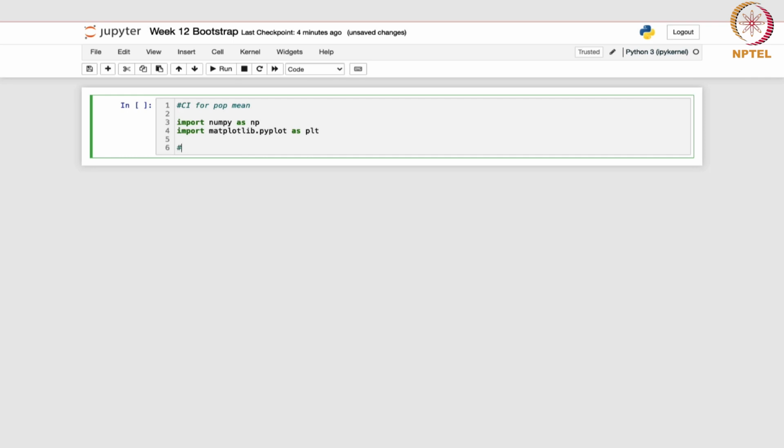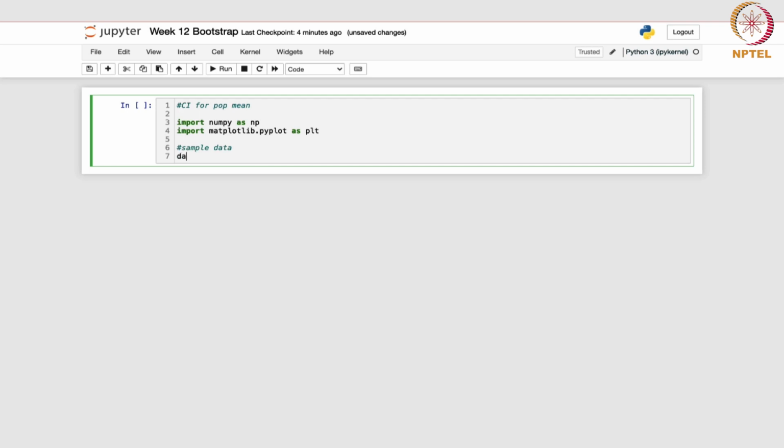So now suppose we take a sample data, and for this we use np.array. So we are going to create an array for this data set. Suppose the values are 23, 28, 32, 37, 44, 49.